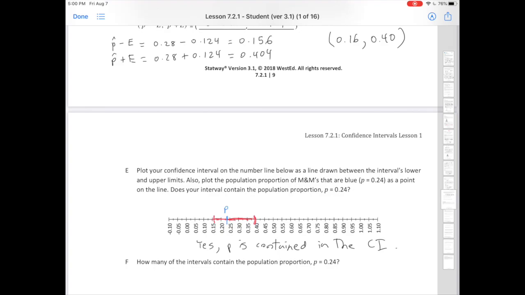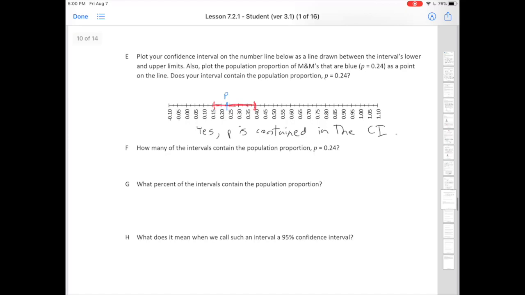Okay, but do several of them and you'll see that most of them are going to contain P. So let's just go ahead and answer this question here. So we don't actually have the answer for this part. So you guys are going to have to take my word for this part.